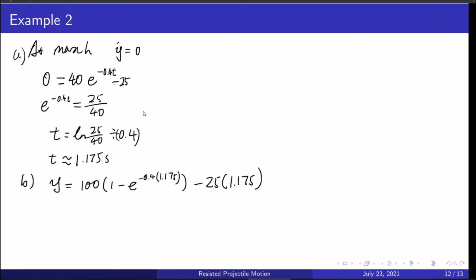All right, so if you punch all of this into a calculator, you end up with y approximately 8125 meters. Yeah, so that's how you find the time to reach maximum height and the maximum height itself.